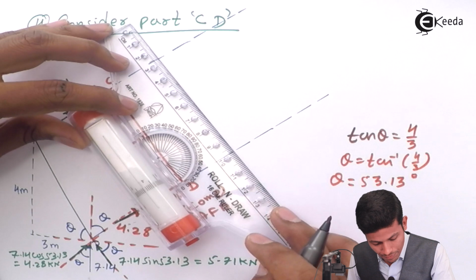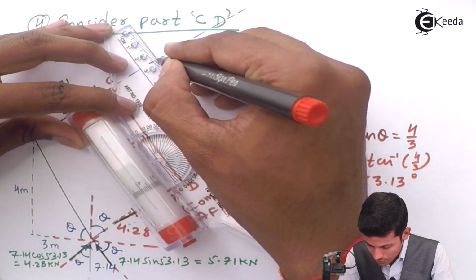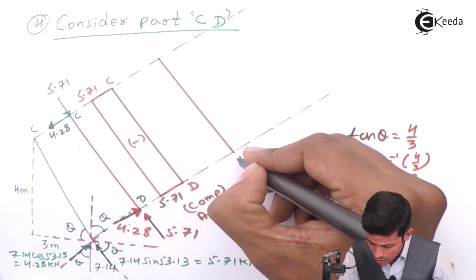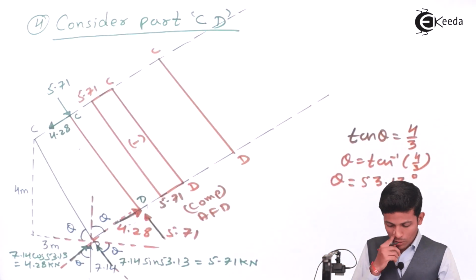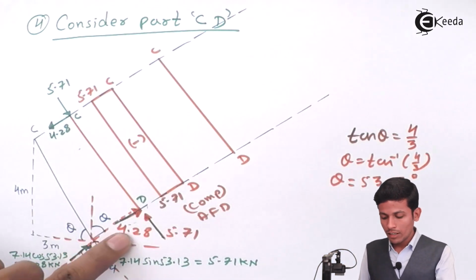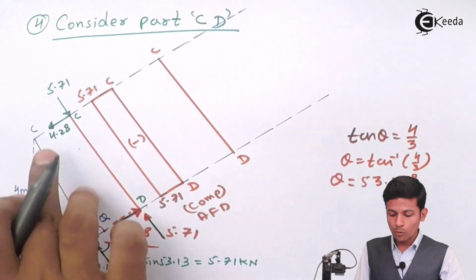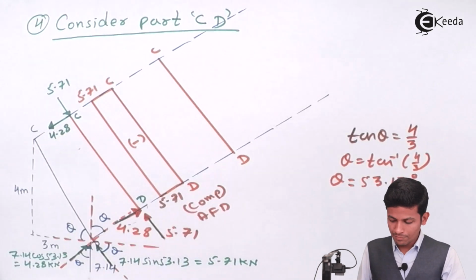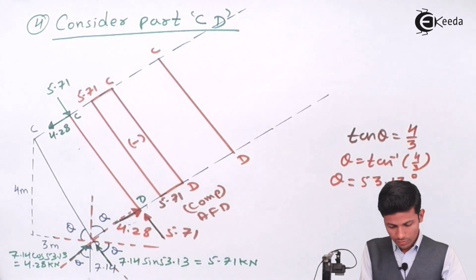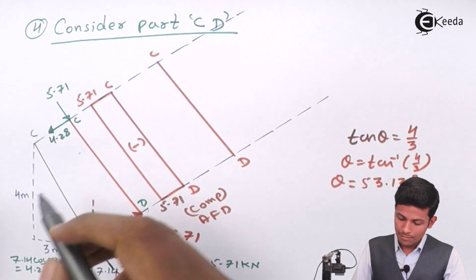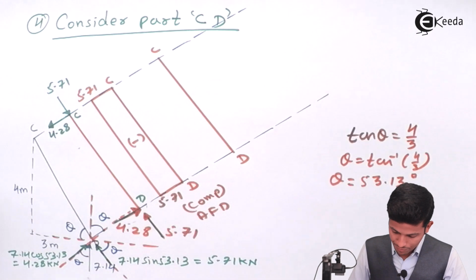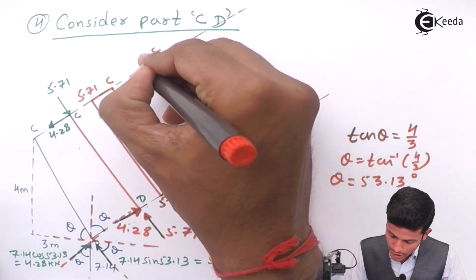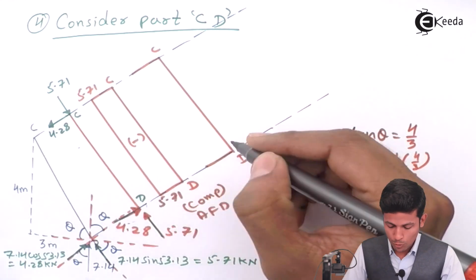SFD part. This is your D, this is your C. Now see, this 4.28 coming upward and this 4.28 coming downward. Okay, now see, how will it come? See, this will come down 4.28 and this will go up 4.28.